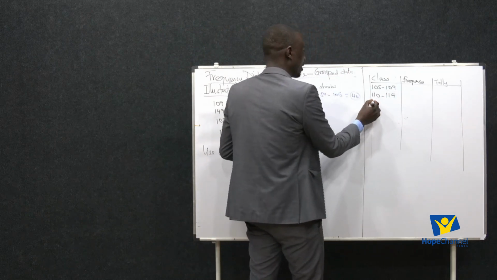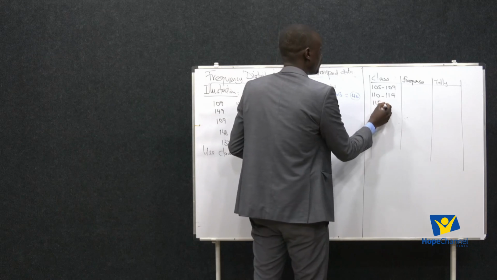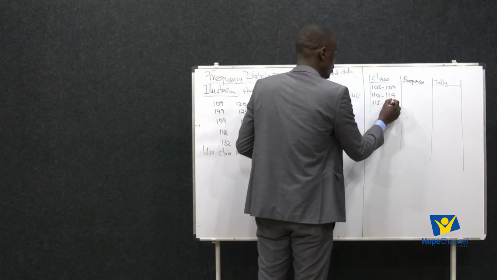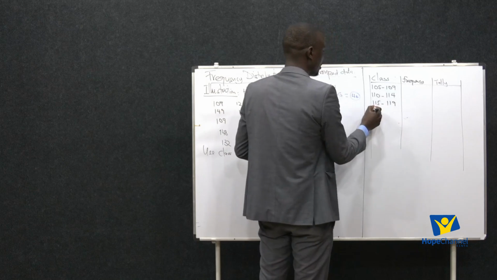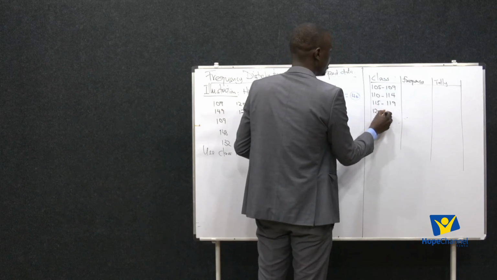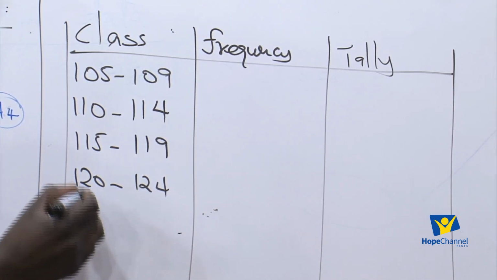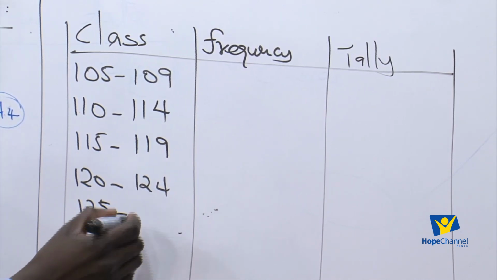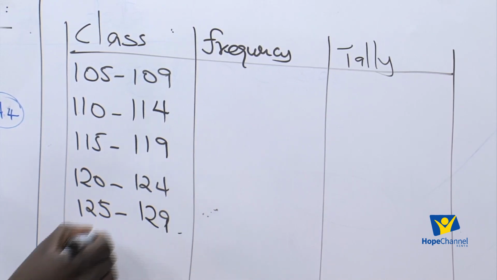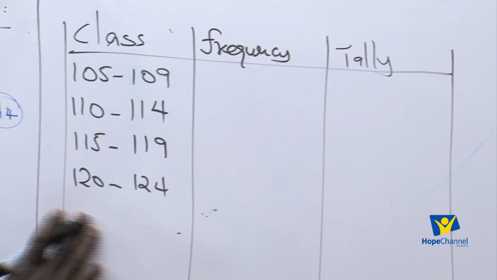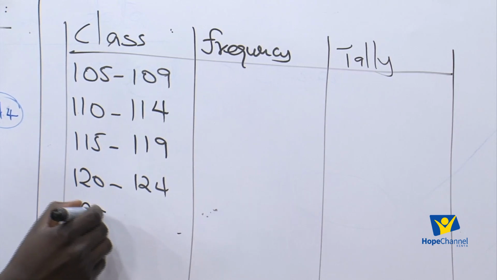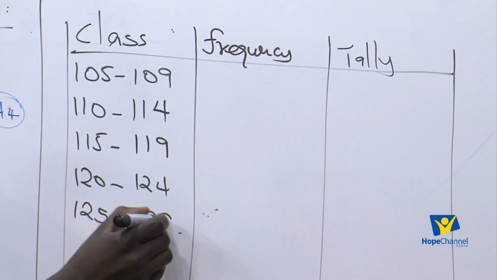Then the next one begins with 115. Now the trend continues. 119, 120 to 124. The trend continues. 125 to 129.